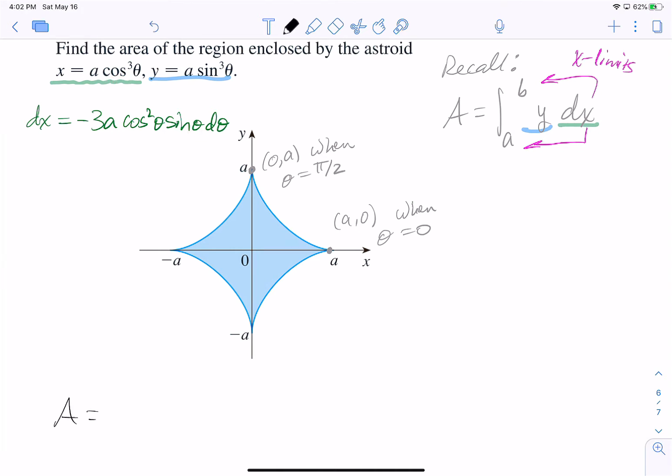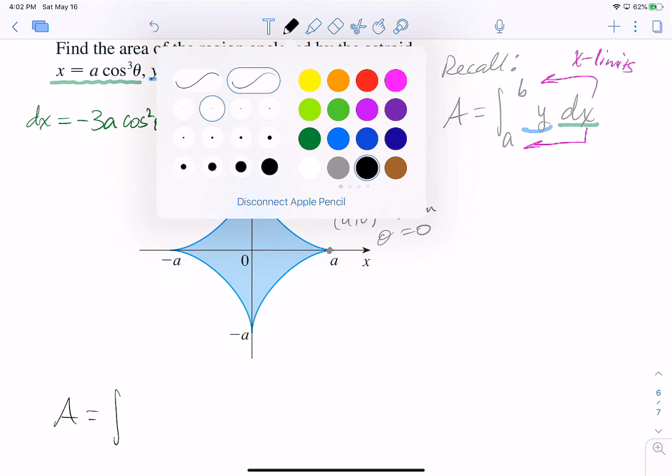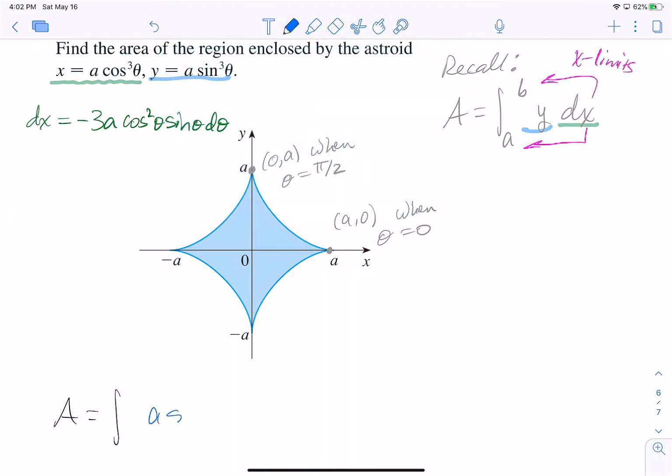Using our expressions for y and dx, we get that the area is an integral, we'll deal with the limits in just a minute, of a sine cubed of theta for y times negative 3a cosine squared of theta sine of theta d theta for dx.